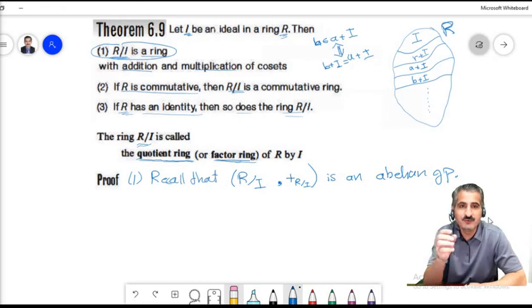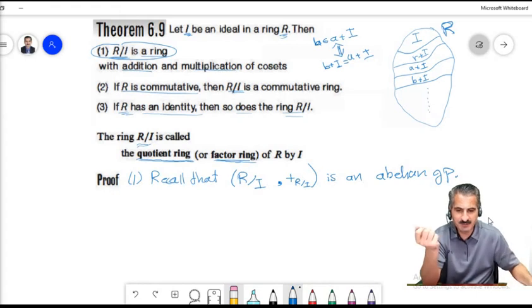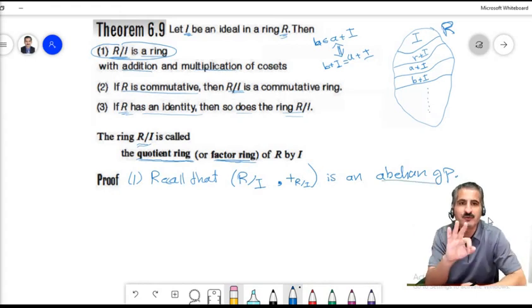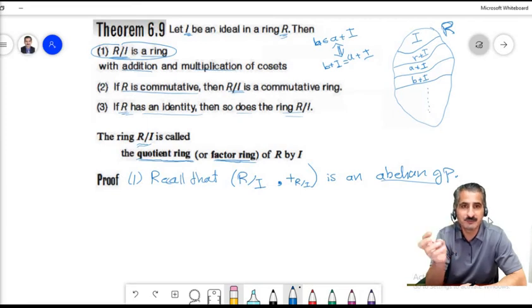And to prove R over I is a ring, we need to prove it is an abelian group, and then we are done with that. And then we prove 3 more axioms: associativity in multiplication, distributivity of multiplication over addition, and also closed under multiplication, right?